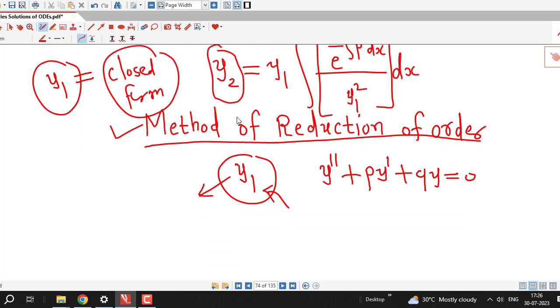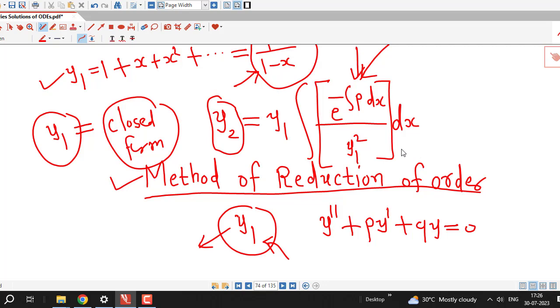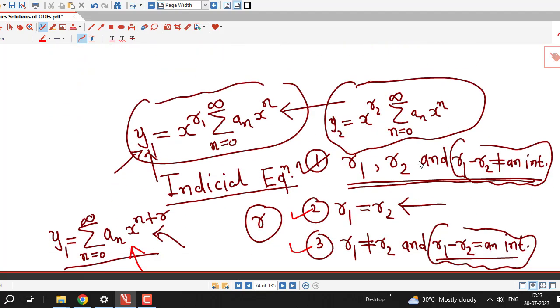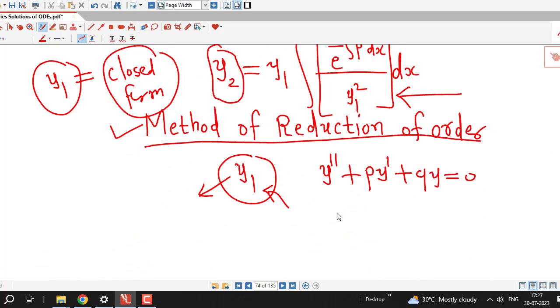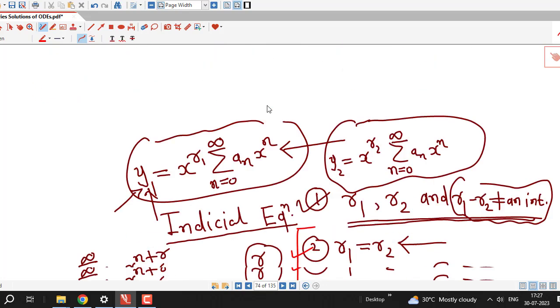decide this second solution. Now if there are some difficulties in evaluating this integral, then we have some another criteria also in Frobenius method, but presently in these two cases I am going to apply method of reduction of order to obtain the second solution.